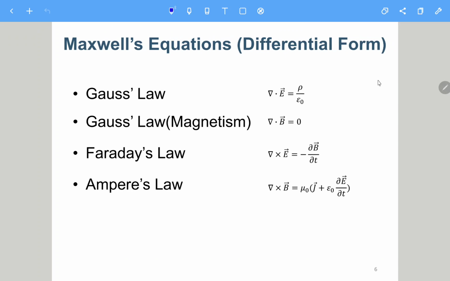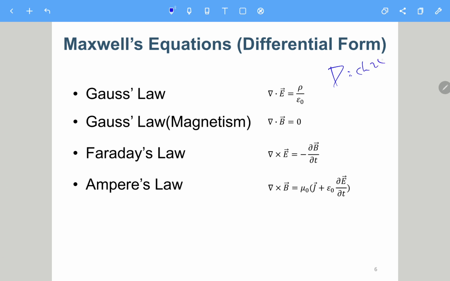Okay, so now the answer is that the differential form of the Maxwell equations will look like this. This is the Gauss law. We have this upside down triangle, which is called the gradient. You have seen the gradient in chapter 24.